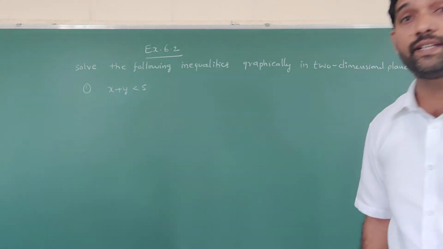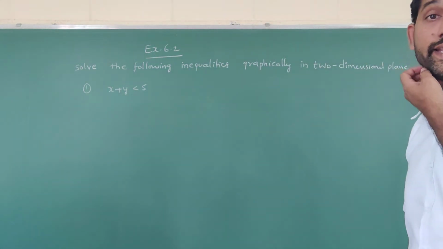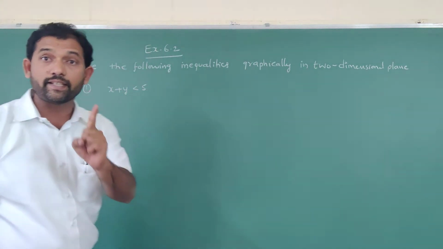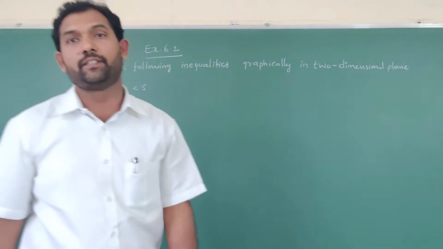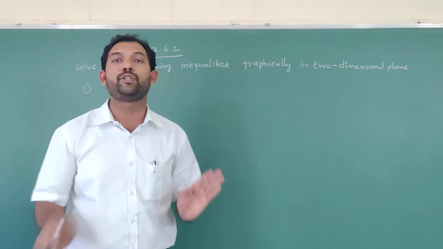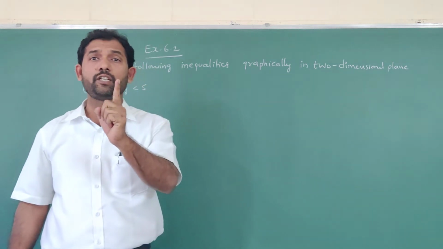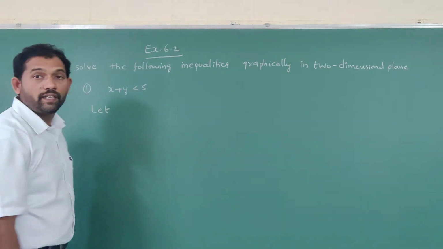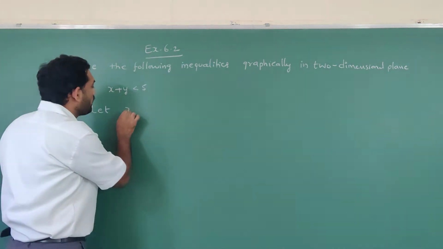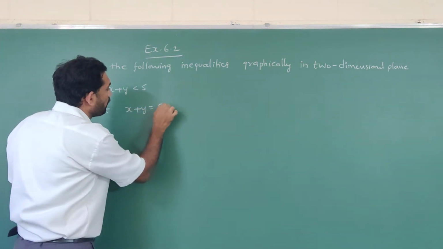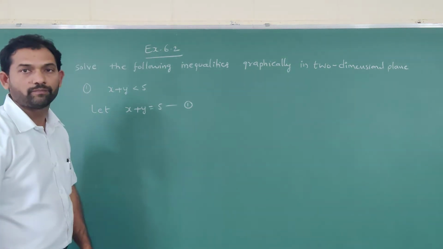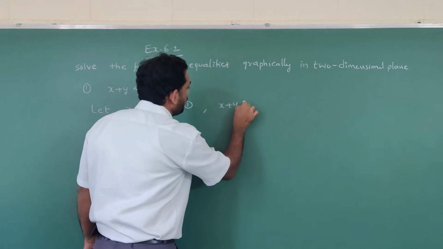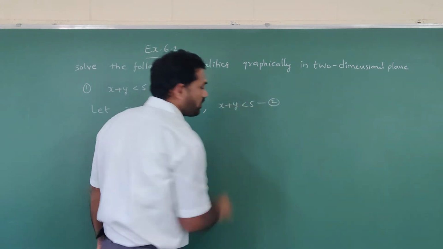This one you represent graphically. Listen carefully. Whatever problem is given, you have to separate it into one equality and one inequality. Here only an inequality is given, so x plus y equal to 5 is considered equation number 1, and x plus y less than 5 is considered equation number 2.